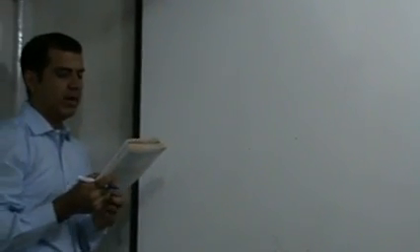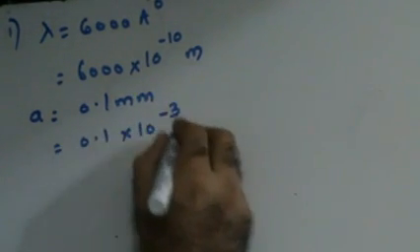Take down the sum please. A monochromatic light of wavelength 6000 Armstrong units falls normally on a slit of width 0.1 millimeters.